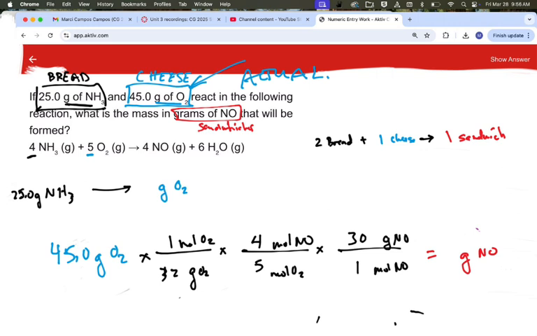So one option that I've seen people do is that instead of going to the grams of NO, they stop at the moles of NO. And they do that for the oxygen, our cheese, and they do it for the NH3, our bread. Whichever one was the smaller number, they convert that one into grams of NO. You saved one calculation at most.